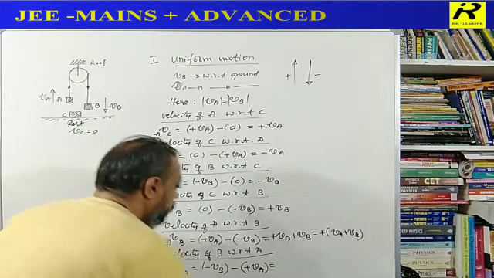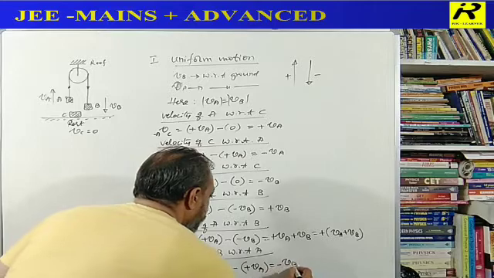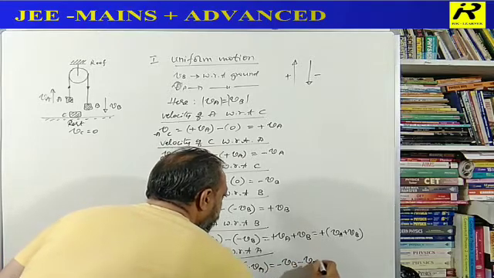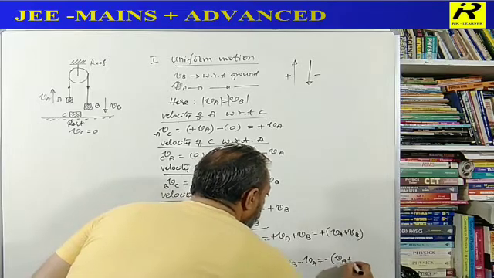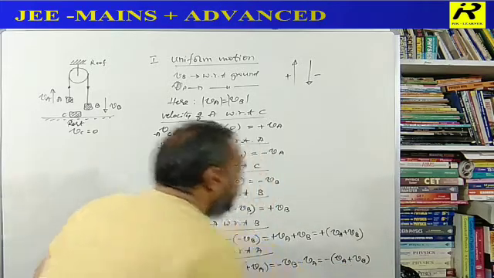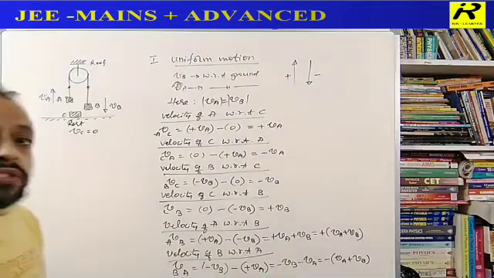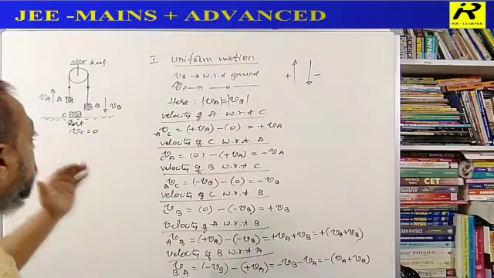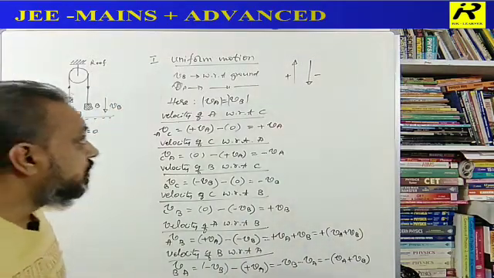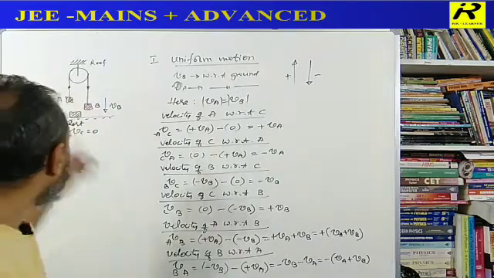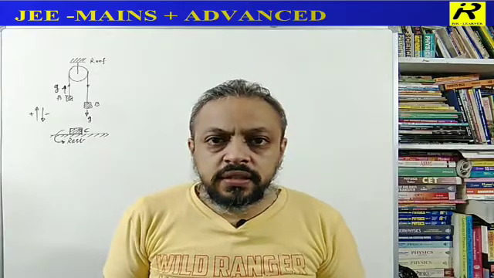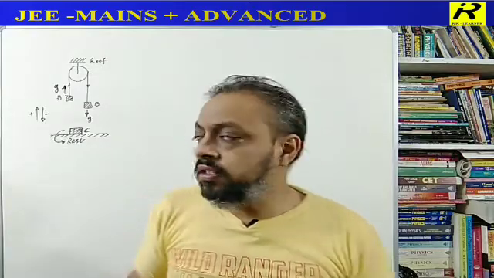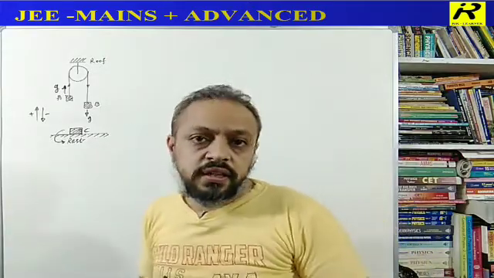So this is equal to minus Vb minus Va, otherwise I simply write minus (Va plus Vb), right. So these are the things that you must know in relative motion when the motions of these bodies are uniform.